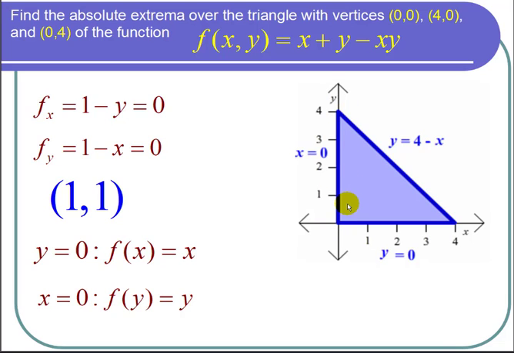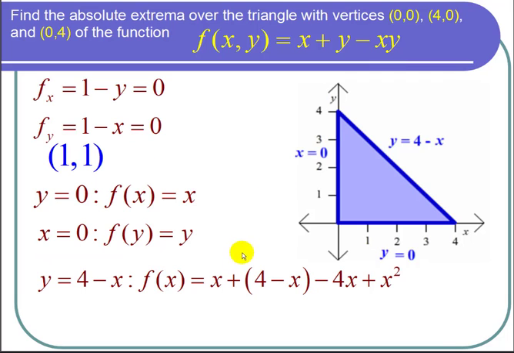For the third boundary, y equals 4 minus x, I plug in 4 minus x where I see y, and I get x plus 4 minus x minus x times (4 minus x). I can simplify that to x plus 4 minus x minus 4x plus x squared.